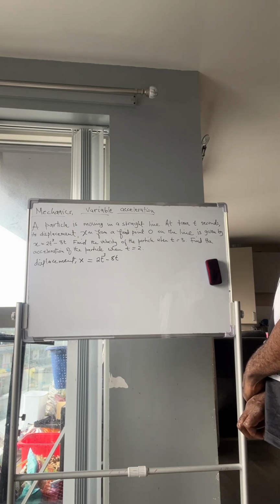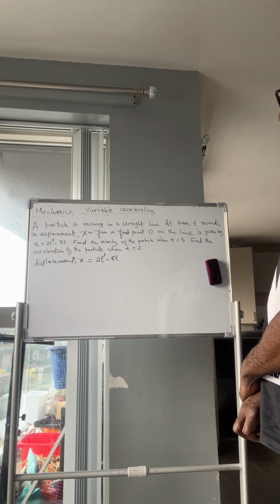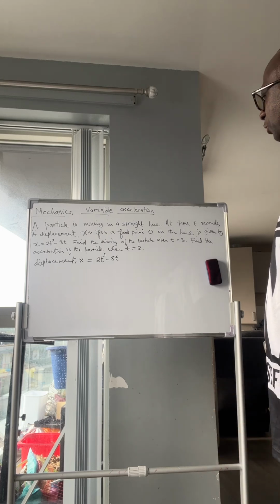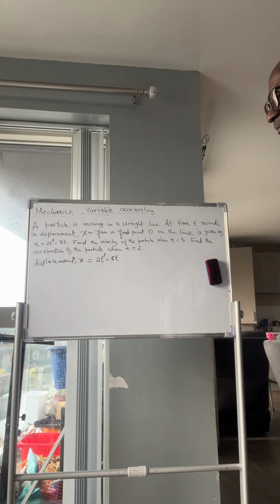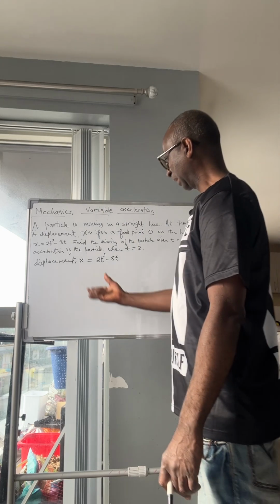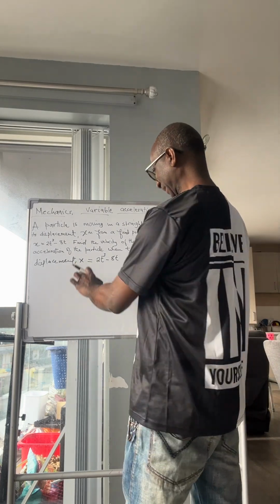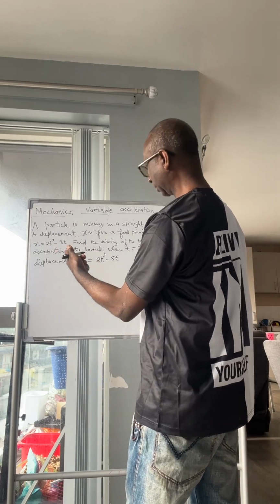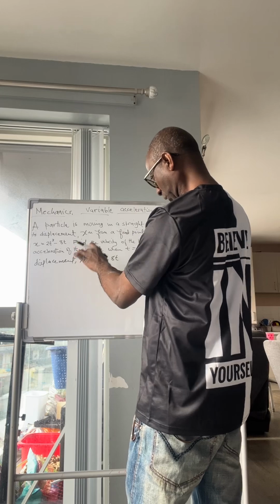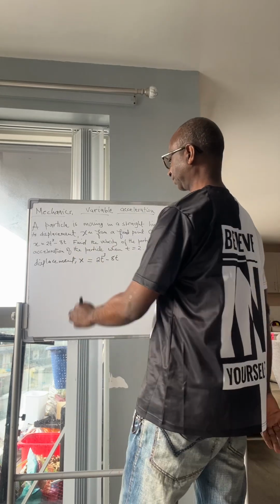Find the velocity. And what relationship exists between displacement and velocity? If this is displacement, the x, normally we represent it by s, but here it is given to us as x, so let's take it as it is.